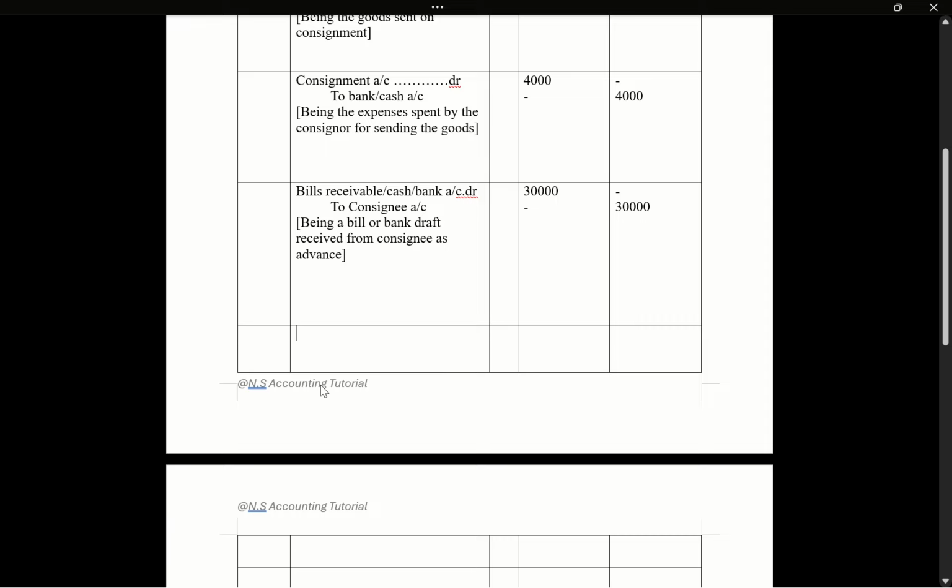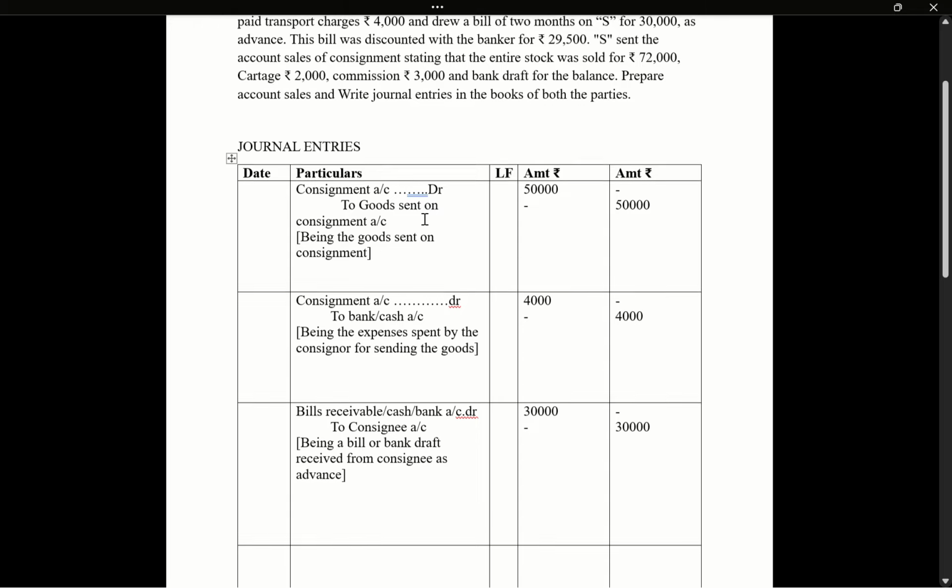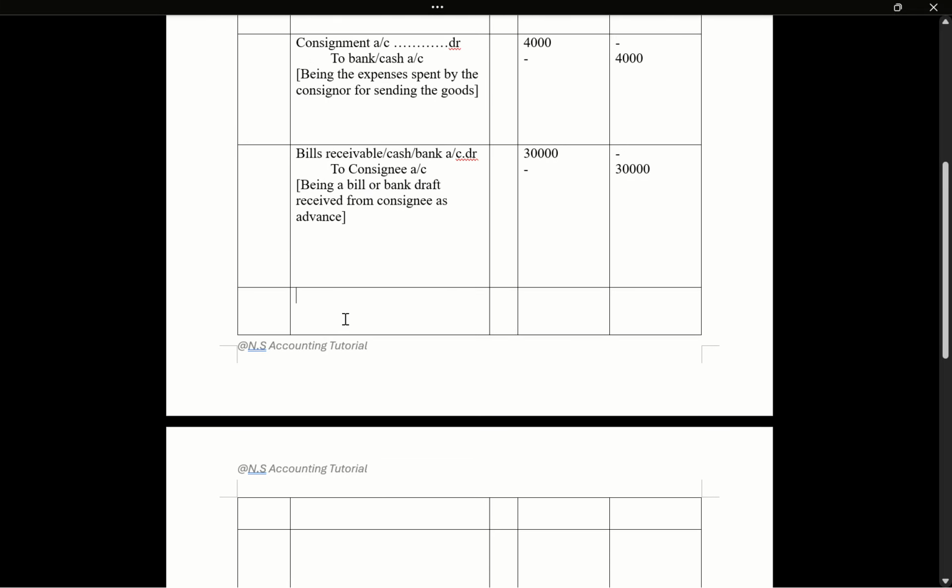Next we have when expenses are spent by consignee. Here we have the consignee's expenses, cartage or carriage rupees 2,000. The entry will be consignment account debit to consignee account.